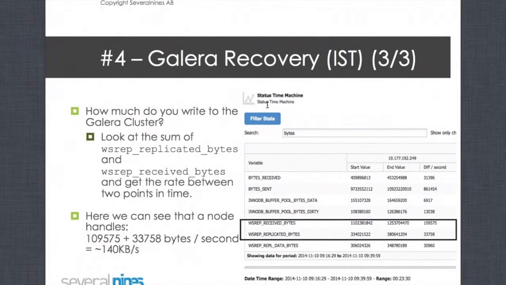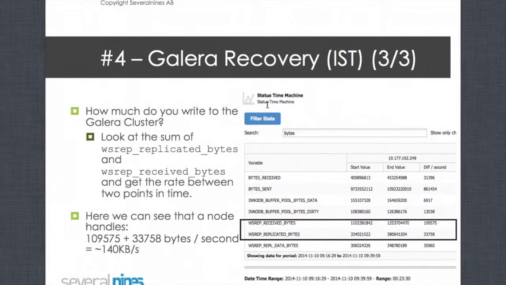You sum them up, wait for some period of time, and sum them up again. Then you take the difference between the two values and divide by the time between, and you get the rate. Here I'm showing from our status time machine how you can go in and look at the received bytes and replicated bytes, and you have the difference per second over a time range.